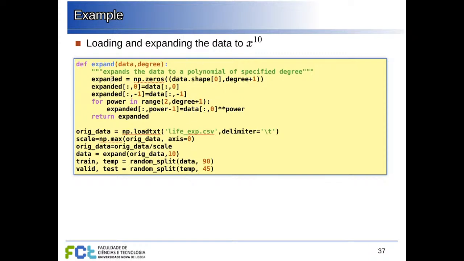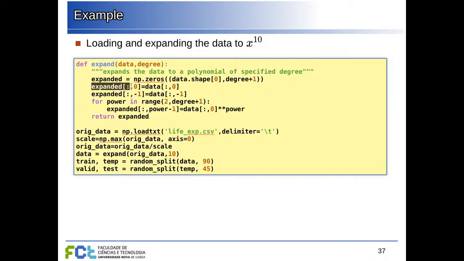We're going to create this new matrix by using this zeros function from NumPy, where we specify the number of rows and the number of columns. So the number of rows is the same as the original matrix. The number of columns is the degree plus 1, because we also need the y value in the matrix, the target value that we want.